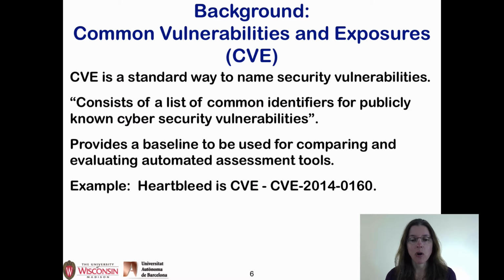For example, older versions of OpenSSH has the Heartbleed vulnerability, which is CVE 2014-0160. So this CVE will describe the vulnerability and the versions of the software to which it applies. Currently, there are over 90,000 CVEs, and more CVEs are reported each year.